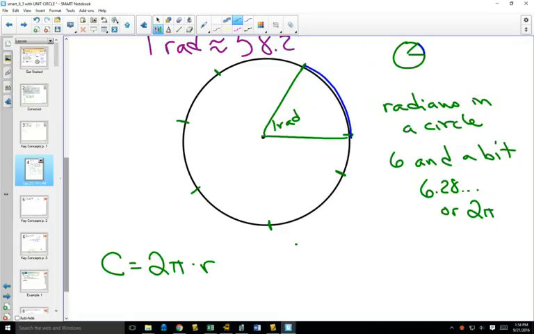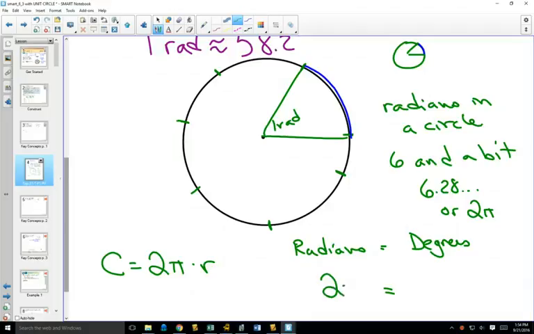What do we know now? How can we say something in radians is equal to something in degrees? What numbers would we use? We want something in radians to equal something in degrees. What numbers would you like to use?